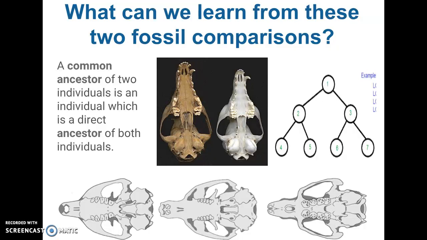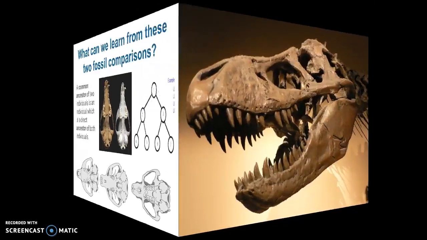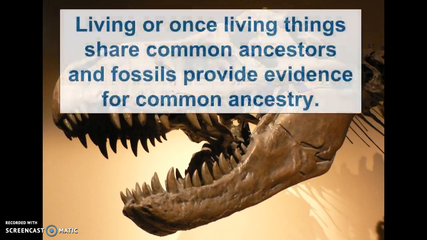Again, a common ancestor is two individuals in which they share an ancestor. All right, so this is number 13 in your notes. Living or once living things share common ancestors, and fossils provide evidence for common ancestry.